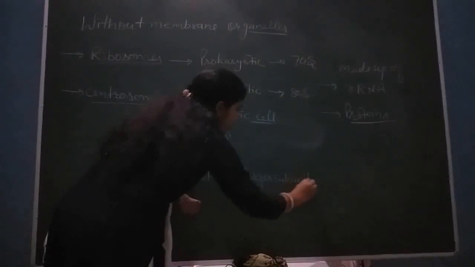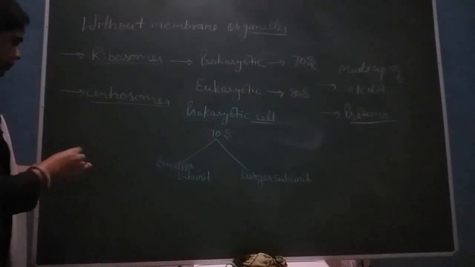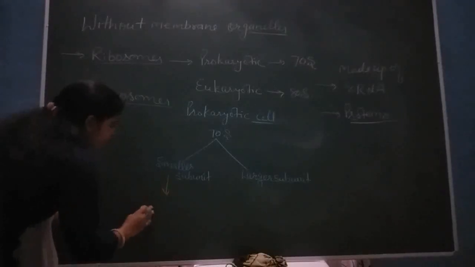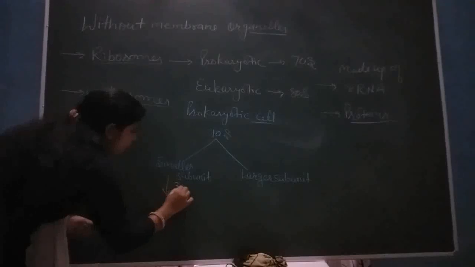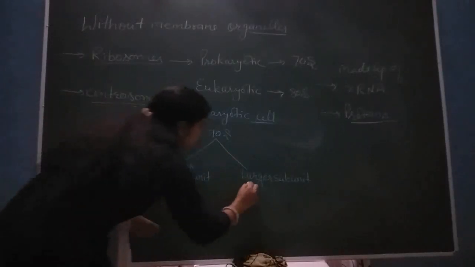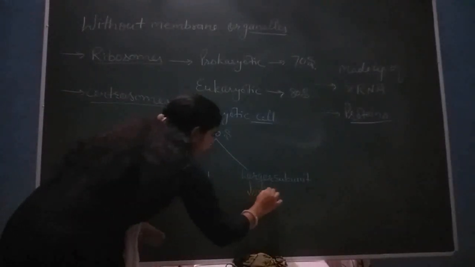The smaller subunit is called 30S and the larger subunit is 50S.